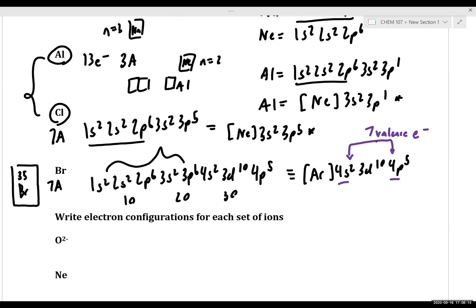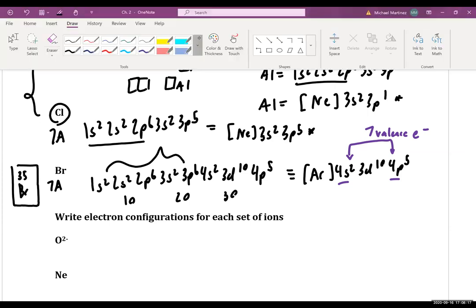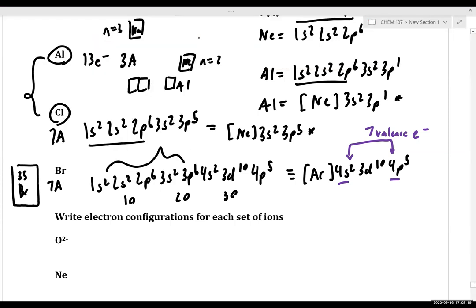Does that make sense to everyone? Any questions on this example? Which ones are we adding for the 7 valence electrons? The electrons in our outermost orbitals, which are our 4s and 4p orbitals, because they're the orbitals that are farthest from the nucleus with the largest n, and so these are called our valence electrons.